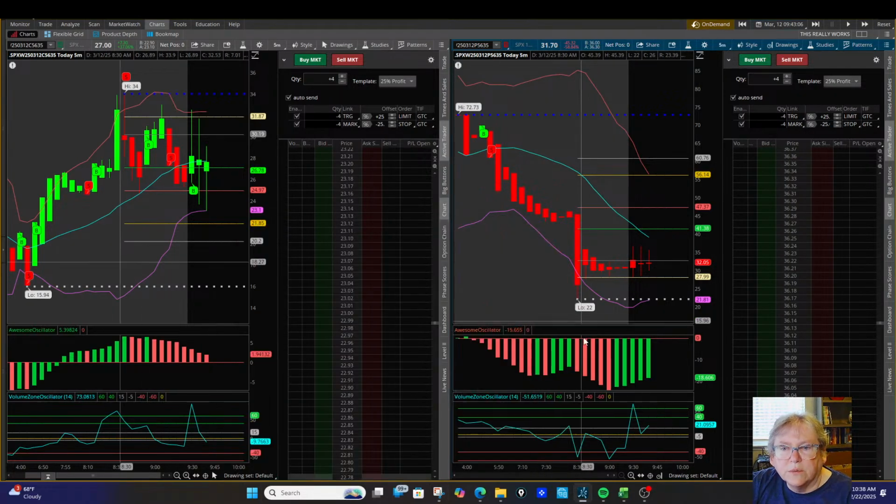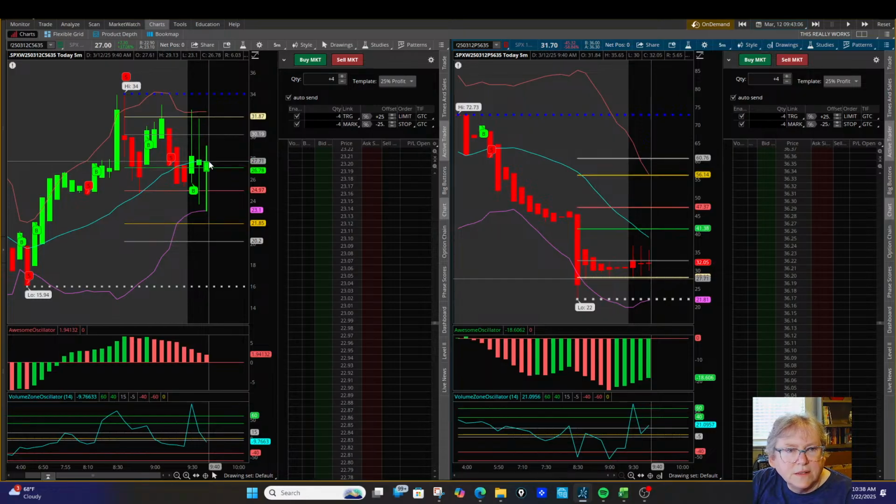Okay, I'm going to check the support and resistance lines here. The price is not really hitting any support line. The awesome oscillator is above 0 and it's red.